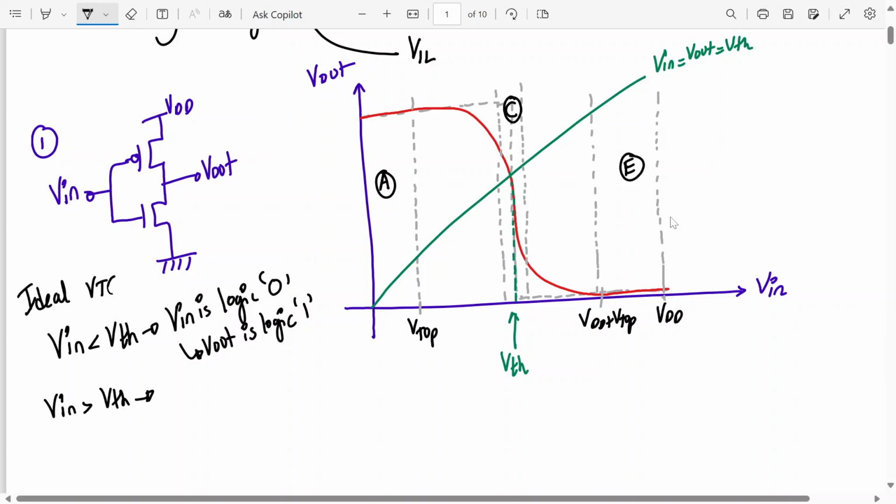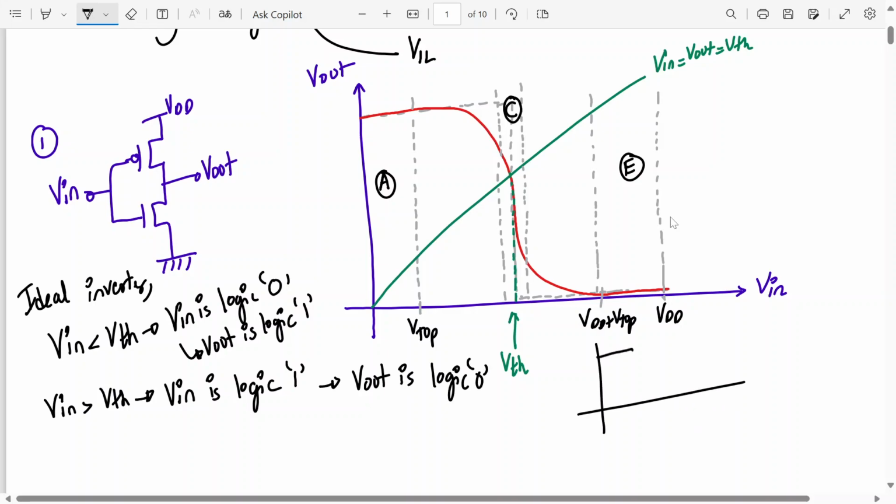Whenever Vin is greater than VTH, this is for the ideal inverter, for the ideal VTC or ideal CMOS inverter, my Vin is logic 1 and my Vout is logic 0. So the ideal VTC curve, let me just show it over here like this.